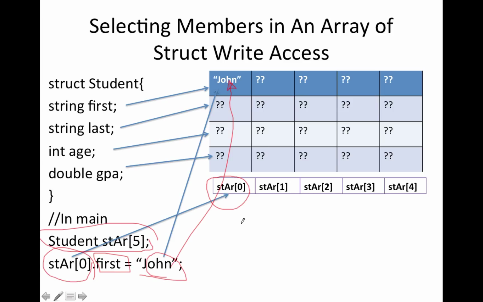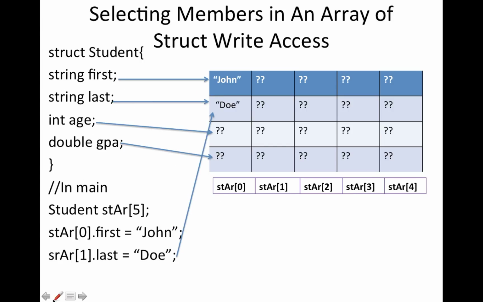All right. So we just selected the first array member and the field called first name in that member and placed a value John in there. Okay. If you understood this, then the rest is really the same.